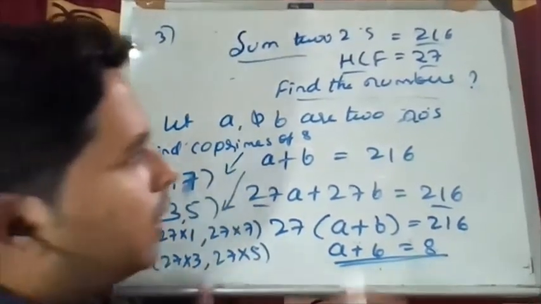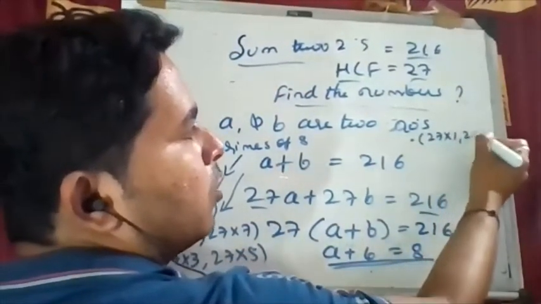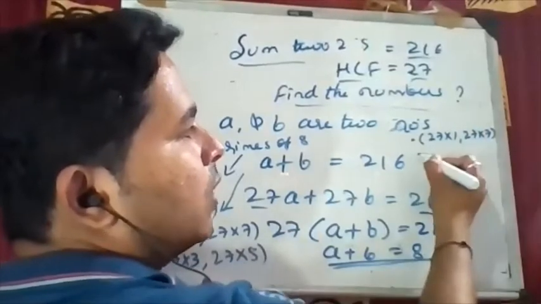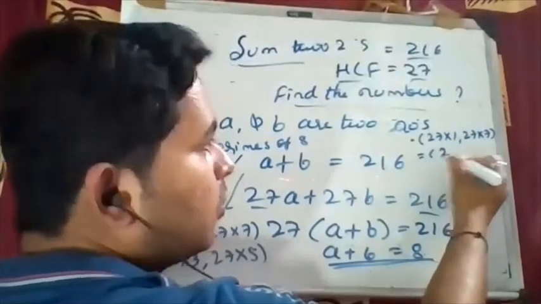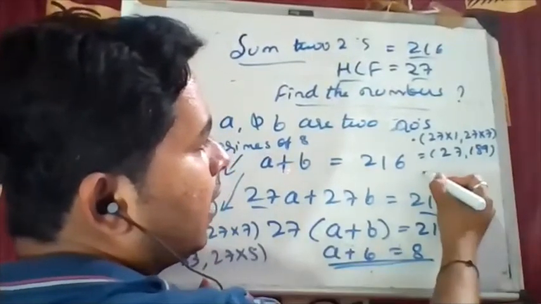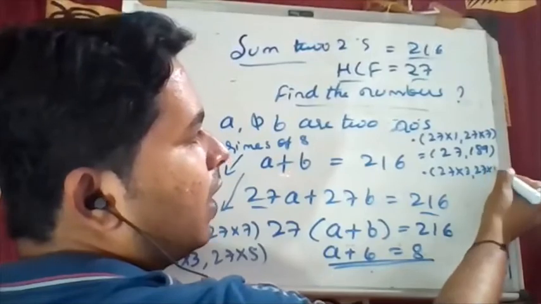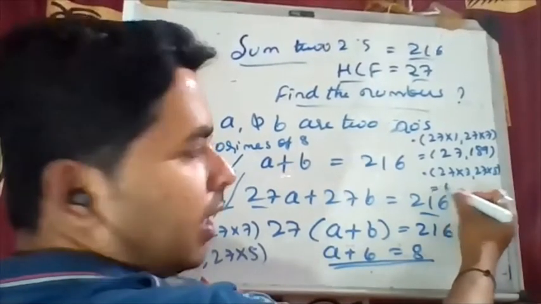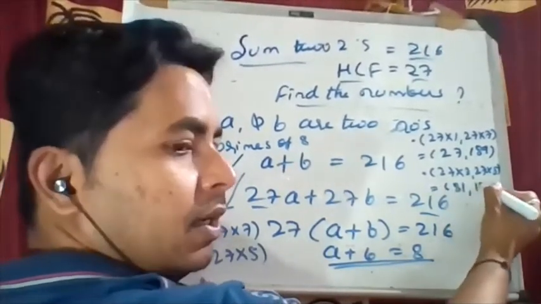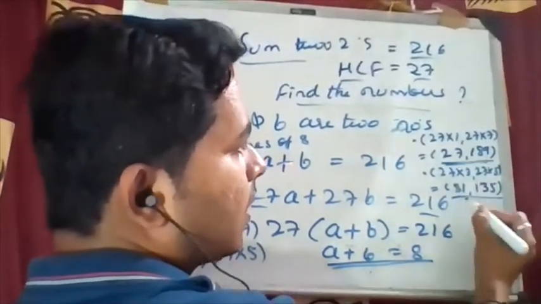So if you multiply, the first group is 27 into 1 and 27 into 7, so you'll get 27 and 189. And if you multiply 27 into 3 and 27 into 5, you'll get 81 and 135. So these both are the answers.